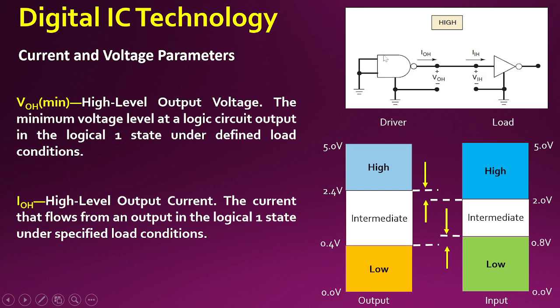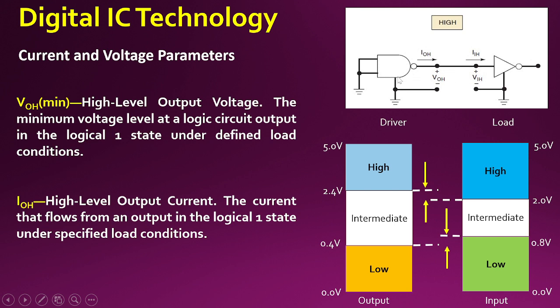So in the case of the driver circuit, VOH minimum is the worst case voltage when the logic is high, beyond which it may enter into an intermediate zone or the voltage range becomes invalid, and the next TTL gate will not be able to understand what type of logic voltage that is.